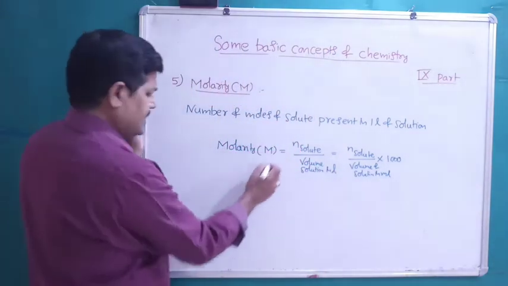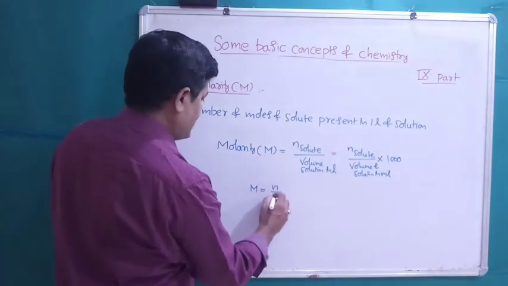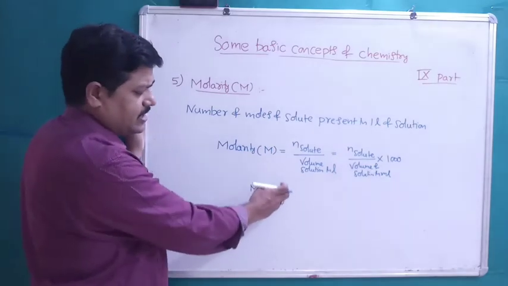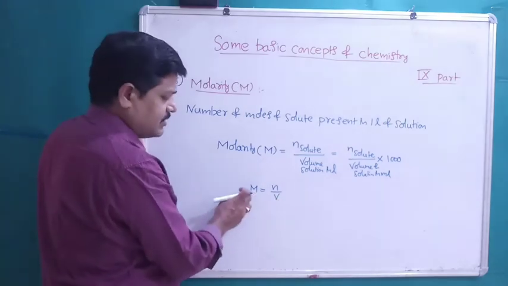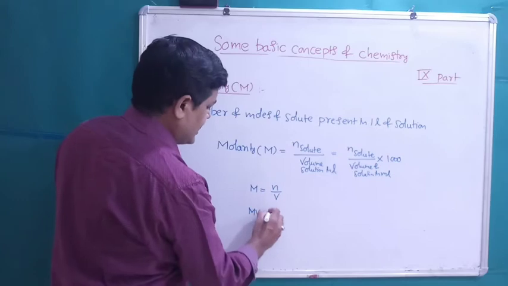Students, simply I will write molarity as n by V. Molarity is equal to number of moles divided by volume. If we transfer V to the other side of the equation, we get M V is equal to n.